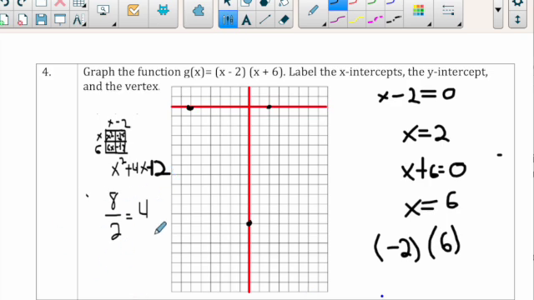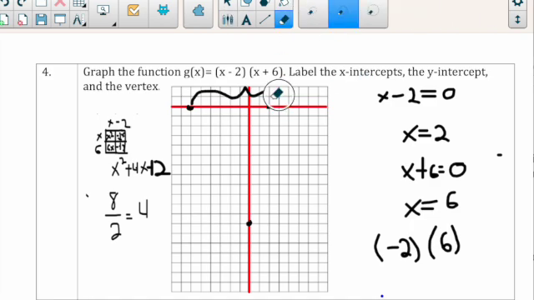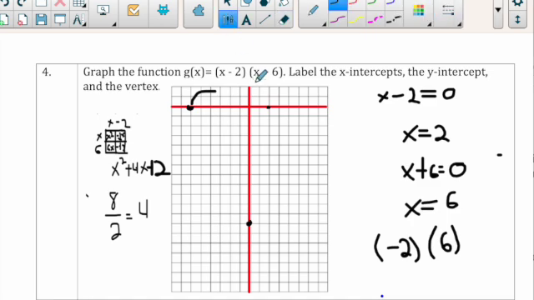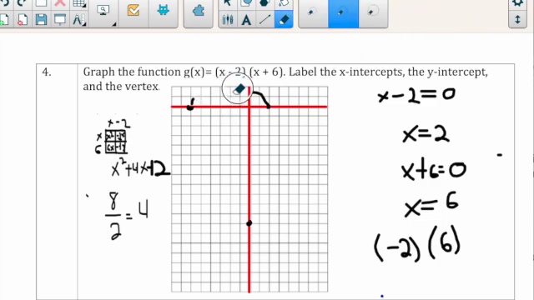Over here I figured out where the vertex would be by counting the amount of spaces in between these two. Not making a graph, I just wanted to point that out.